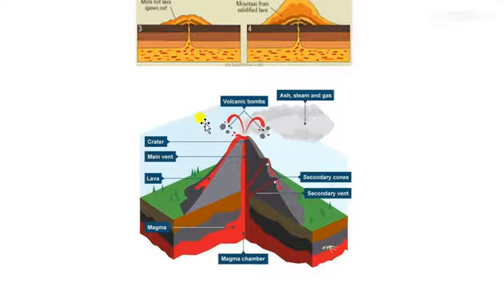Okay, so the uppermost part, or the point from where the volcanoes erupt in a volcanic mountain, is called the crater. And there are not only one crater, but there are several craters. The main crater is just known as crater. However, these are the secondary craters. They are the secondary openings. They are known as the secondary craters.